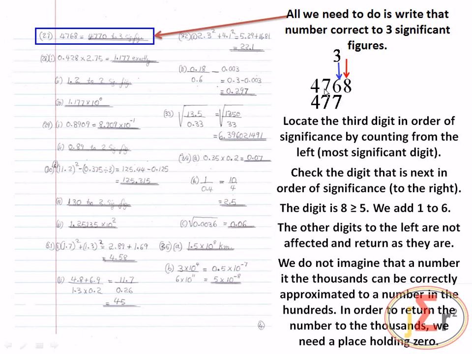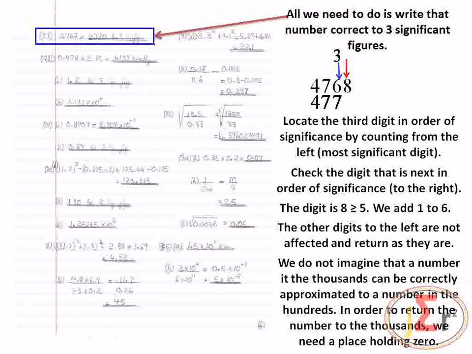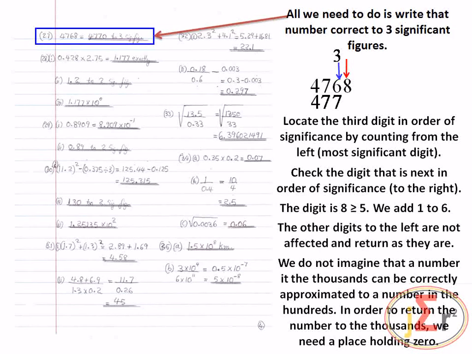This number, 4,768, we are approximating. That's what we do when we write a number correct to a specified number of significant figures or decimal places. It is a matter of making an approximation. Therefore, when we are through, the value or relative size of the number has to be maintained.